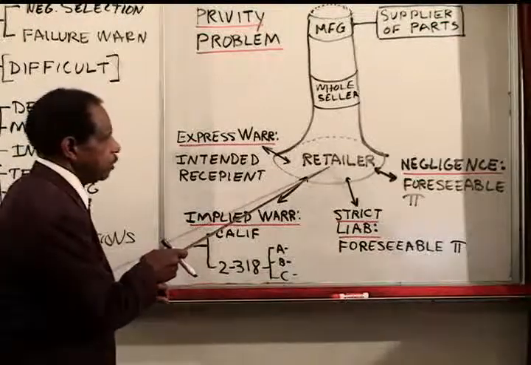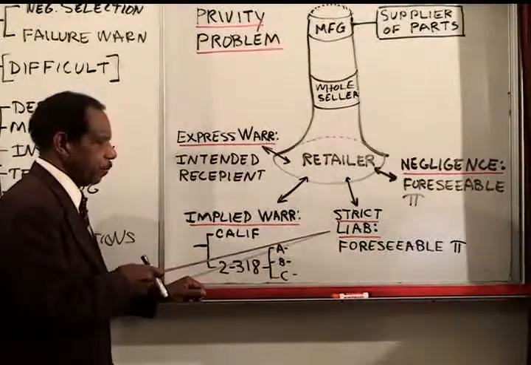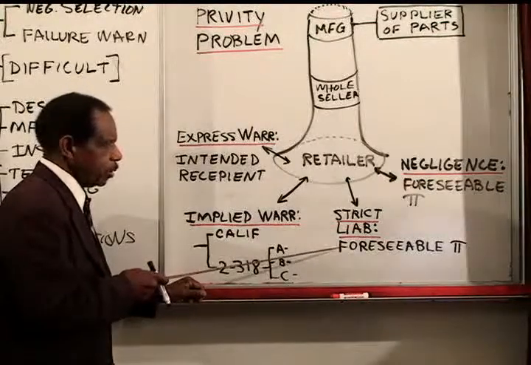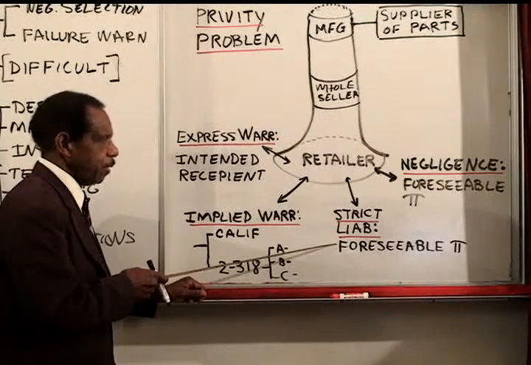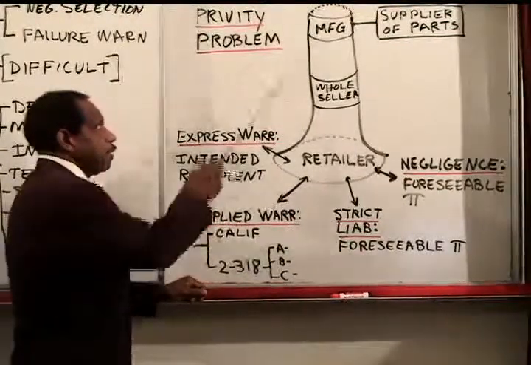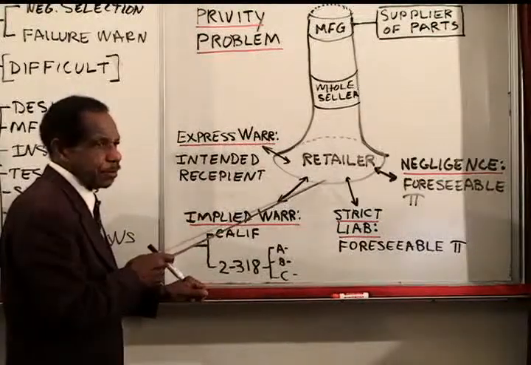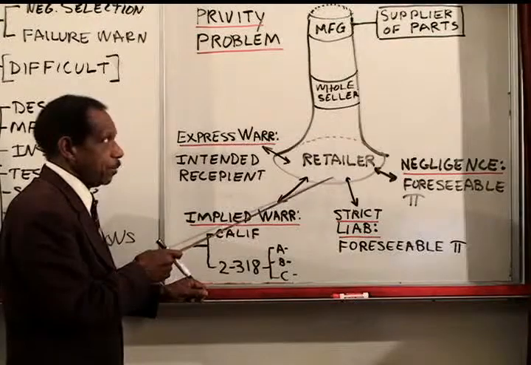Next, suppose that the person injured is suing based on strict liability. Again, the person who can sue is the foreseeable plaintiff, just the usual foreseeable plaintiff. And they can sue on strict liability everyone in the commercial chain of distribution if the product was defective when it left that person.